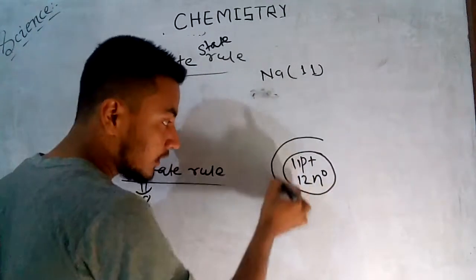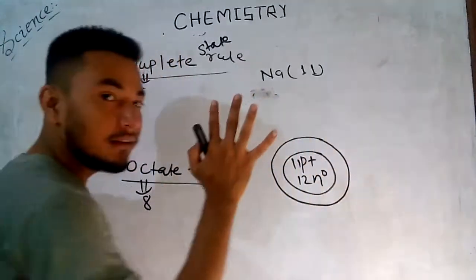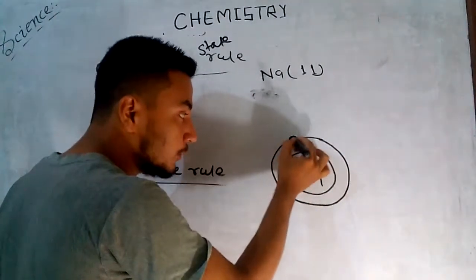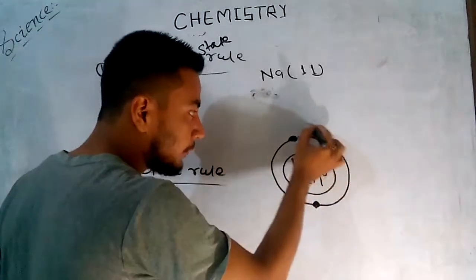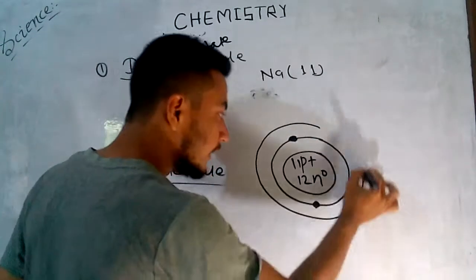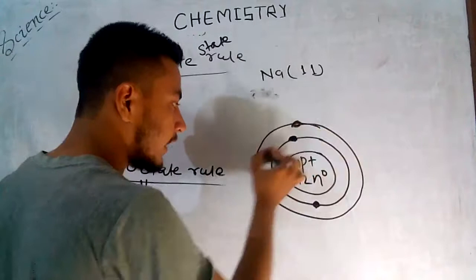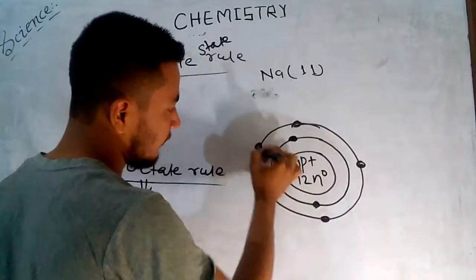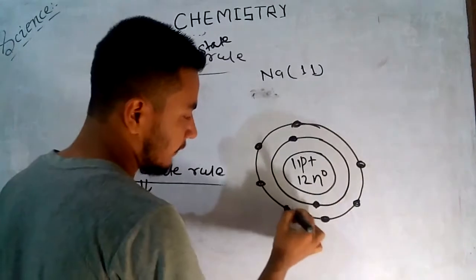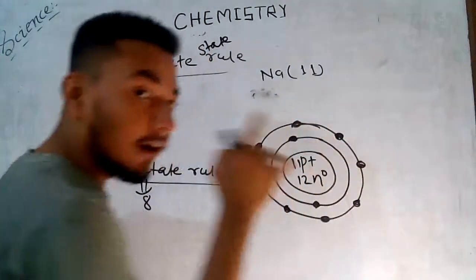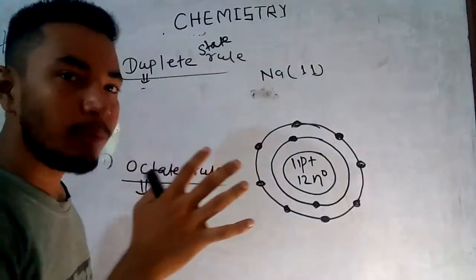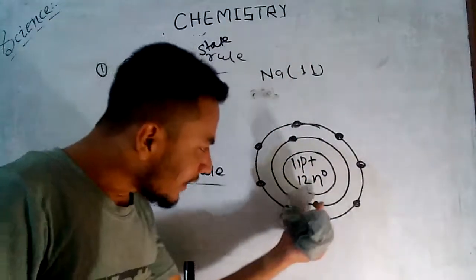For the shells, how many electrons do we have to put? 11. In the first shell, 2. In the second shell, 8: 1, 2, 3, 4, 5, 6, 7, 8. And in the third shell, how many electrons are left?